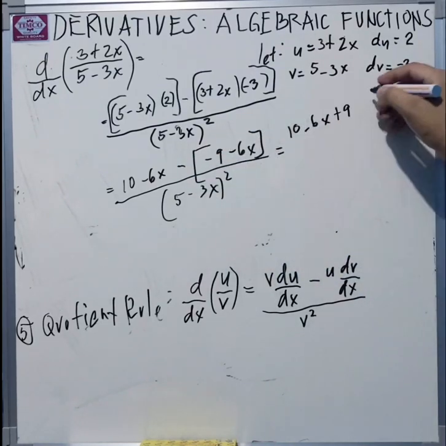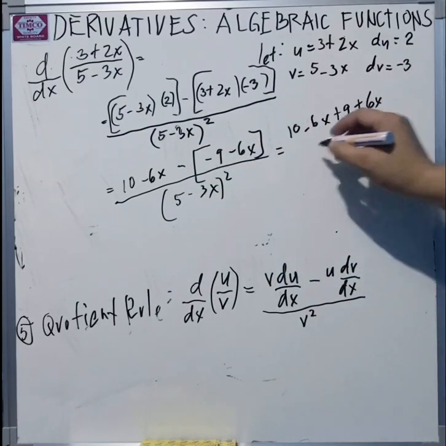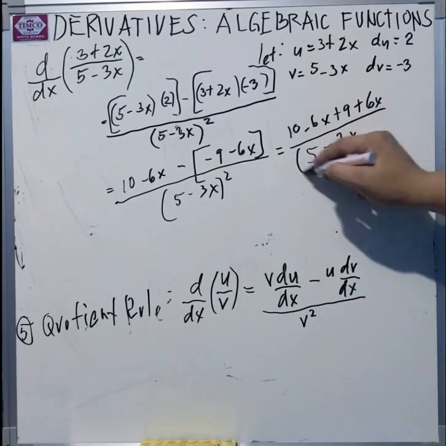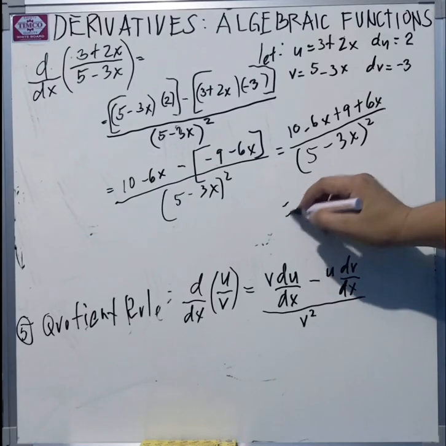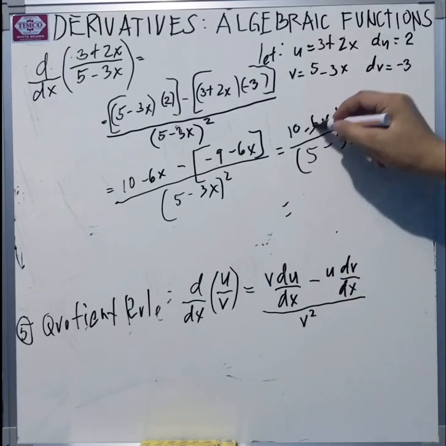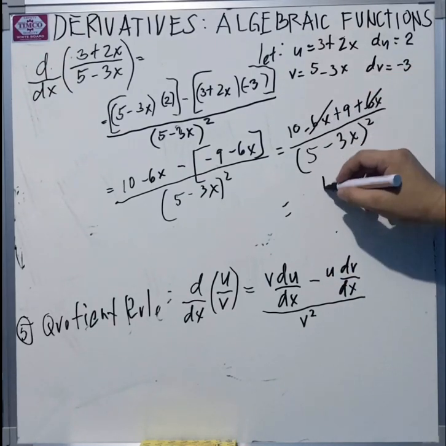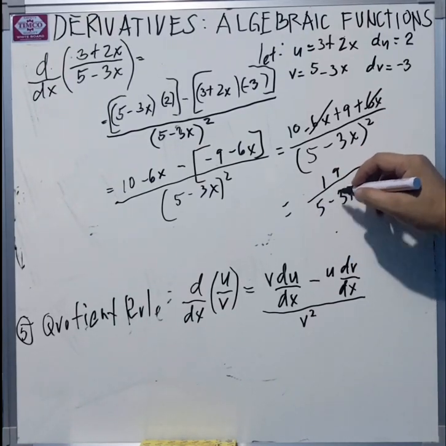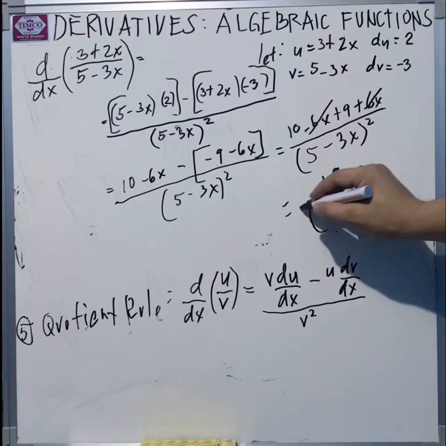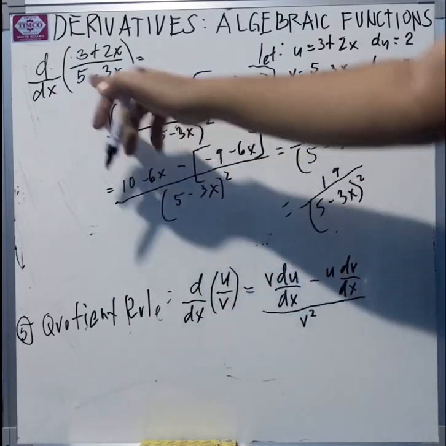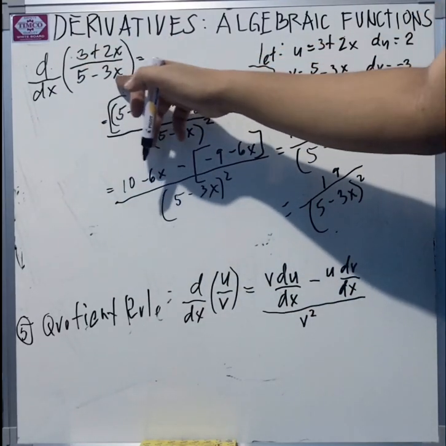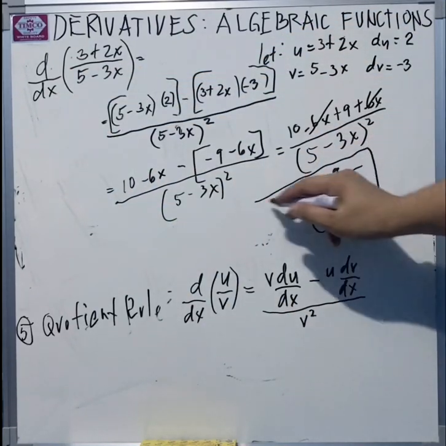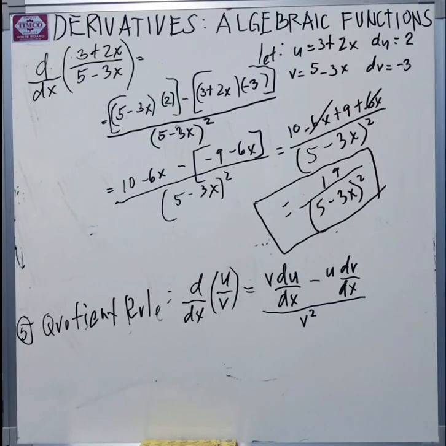Negative times negative, positive 6x, all over 5 minus 3x squared. The 6x terms cancel, so we have 19 over 5 minus 3x squared. So the derivative of 3 plus 2x over 5 minus 3x with respect to dx is equal to 19 over 5 minus 3x squared.